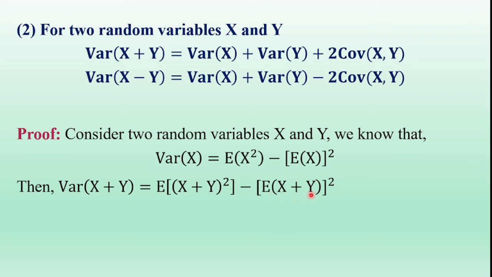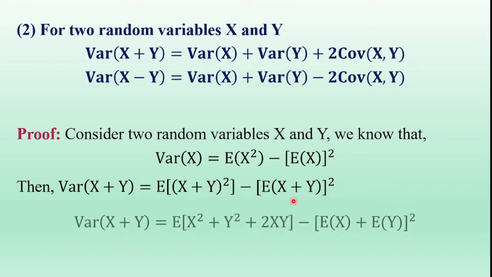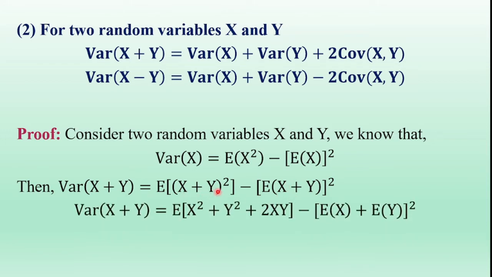Using the property of expectation, expectation of X plus Y is expectation of X plus expectation of Y. In the first term, applying the a plus b whole square expansion, we get expectation of X square plus Y square plus 2XY, that is the first term.